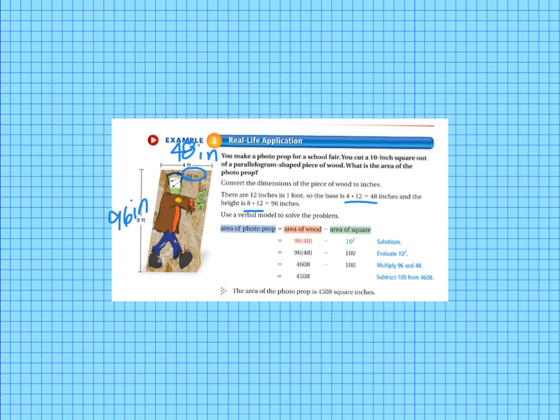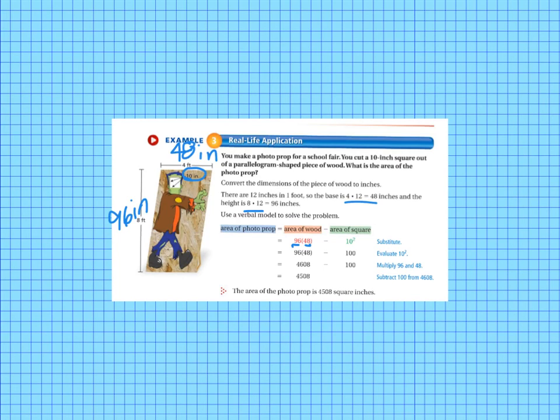And here the book is having us use a verbal model to solve the problem, which is one way to do it. So it says the area of the photo prop, which is what we're looking for, so we don't know that, equals the area of the wood, which is 96 times 48. So remember, 96 was our base, 48 was our height, minus the area of the square.